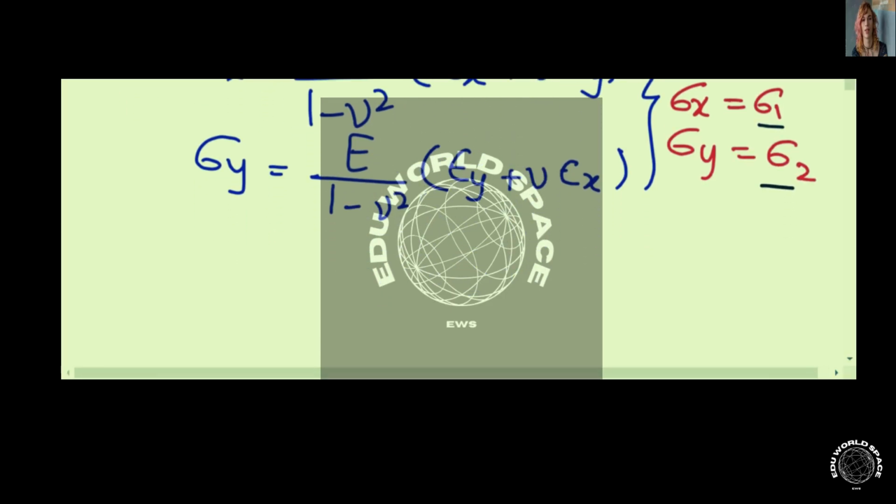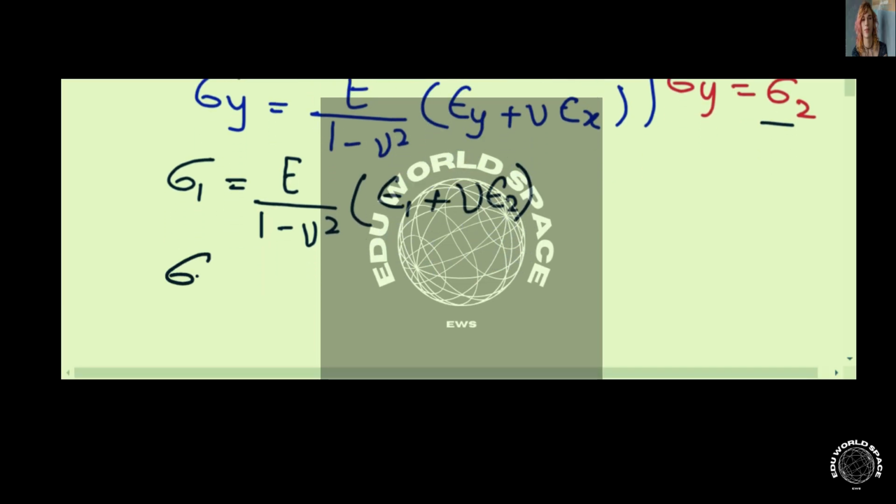These equations would become sigma 1 equal to E divided by 1 minus epsilon square, parenthesis, strain 1 plus epsilon into strain 2, and the other would become E divided by 1 minus epsilon square, parenthesis, epsilon sub 2 plus epsilon into epsilon sub 1.